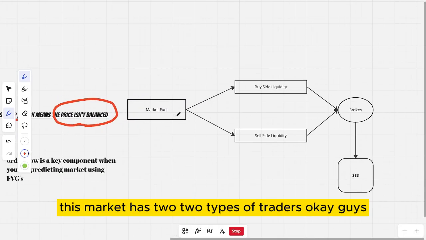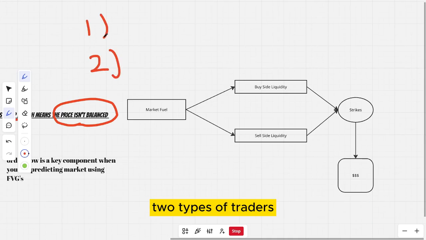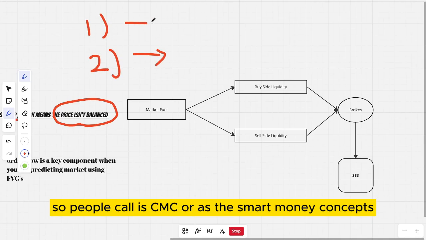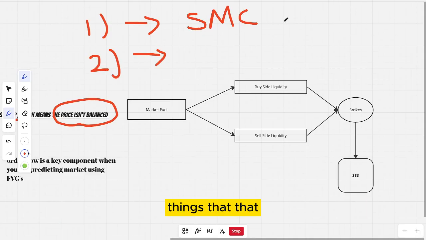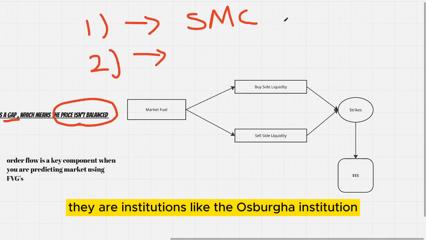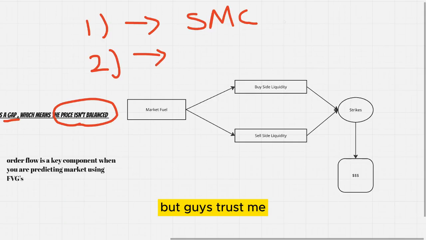So guys, this market has two types of traders. Okay guys, two types of traders. People who trade SMC, or smart money concepts, think that there are institutions, like those buggers are institutions.